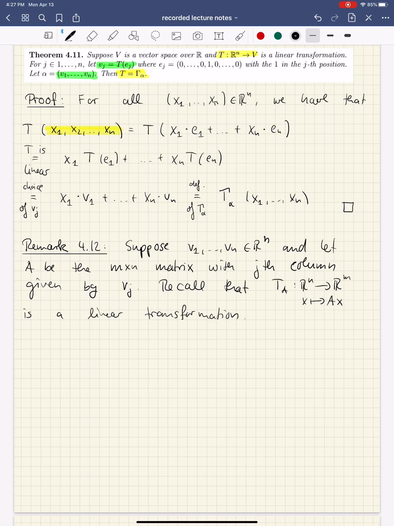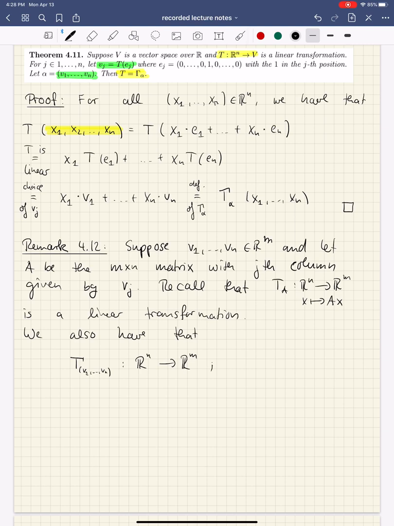And we also have that, let's look at gamma subscript (v1, ..., vn). So the gamma given by this (v1, ..., vn), which is a linear transformation going from R^n to R^m. Sorry, this was correct, this should be an m.